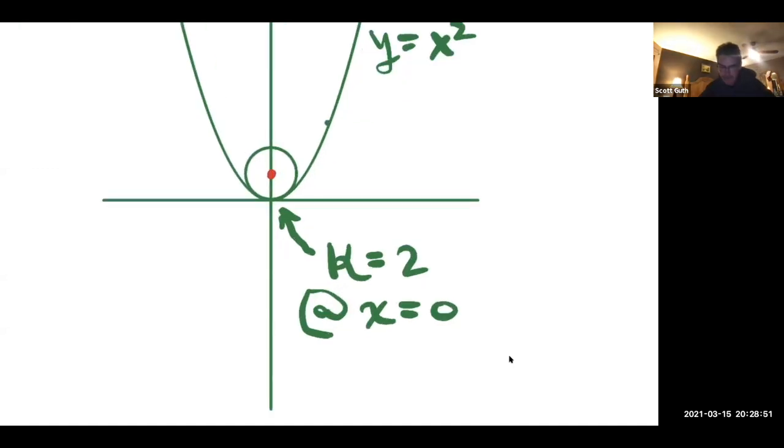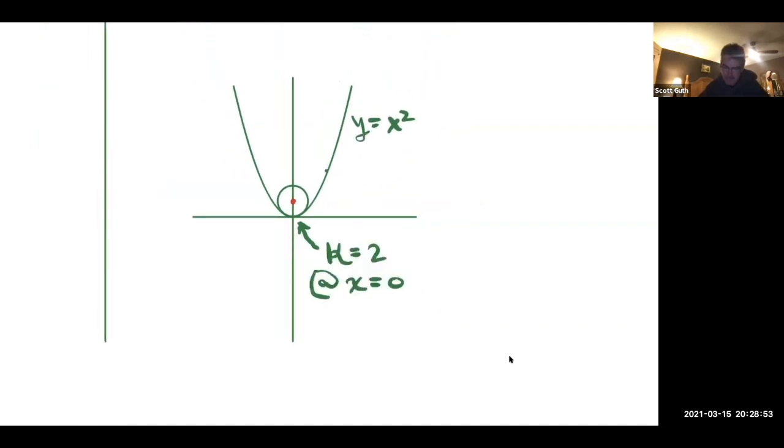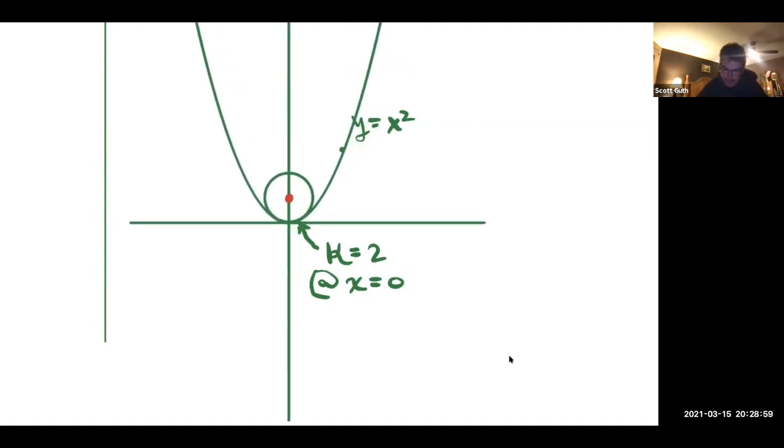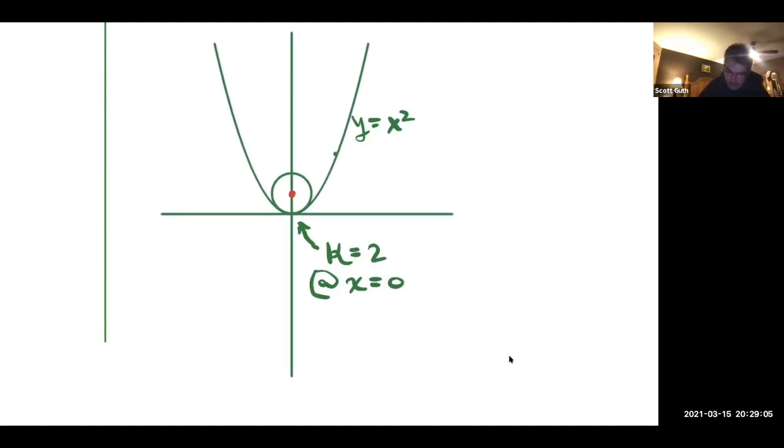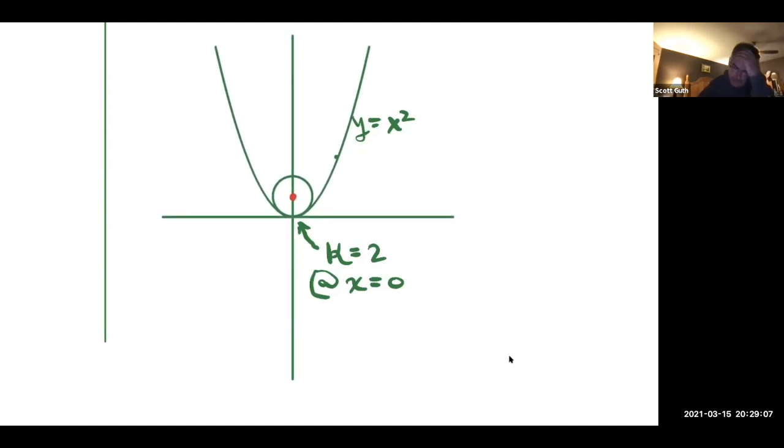Okay, so I'll put a rho there. Rho is 1/2.